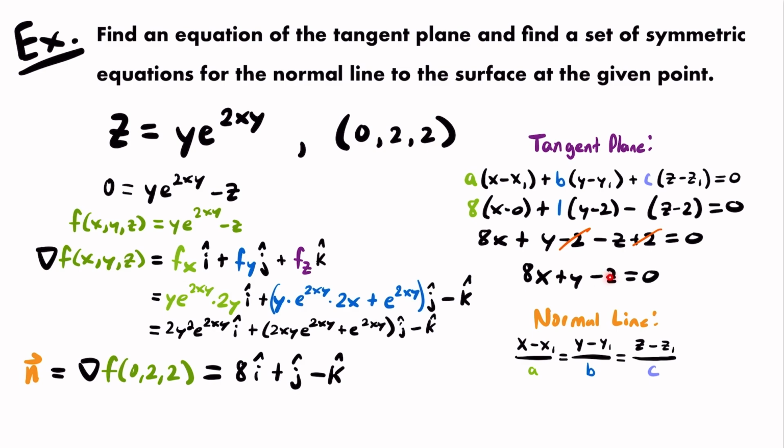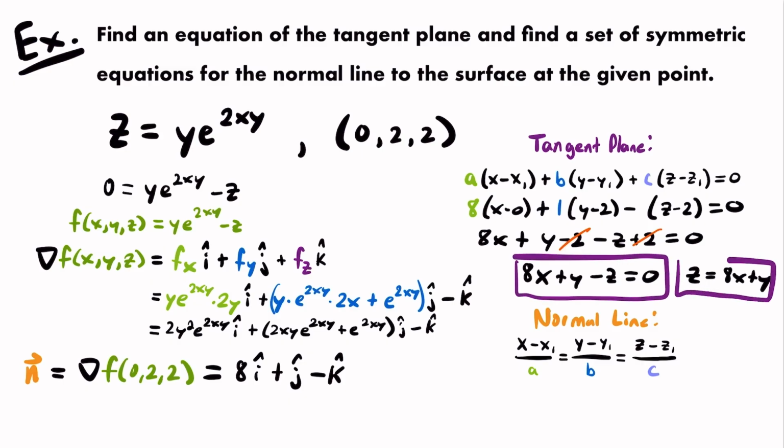But since the coefficient of z is just negative 1, some people may prefer to move that over to the other side of the equation, and you'd have z equals 8x plus y, which looks a little bit cleaner. Either way, both answers are correct. Both of them would be equations of the tangent plane that we are interested in here. I'll just write "or" so that you know that they are the same plane.